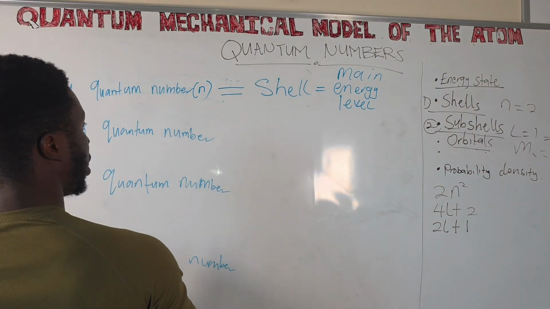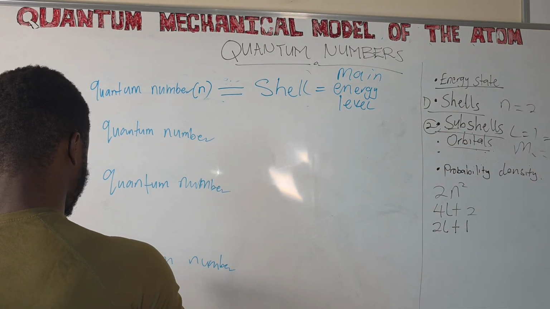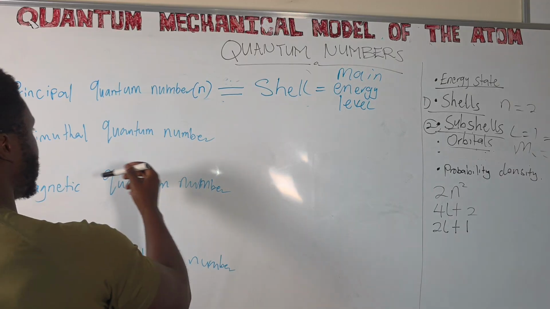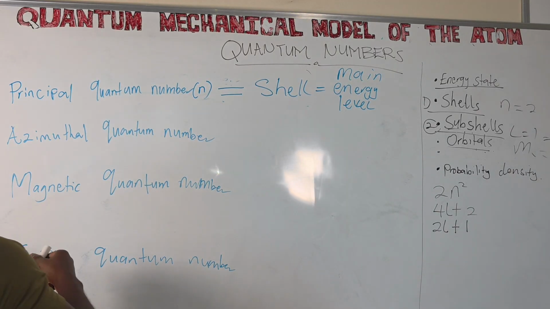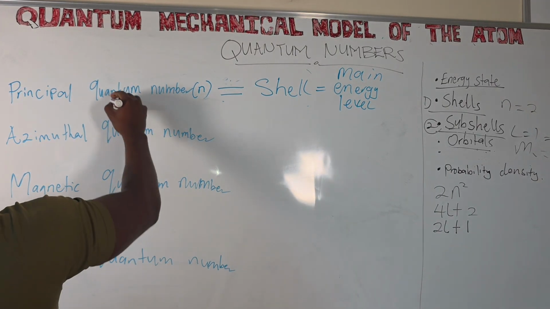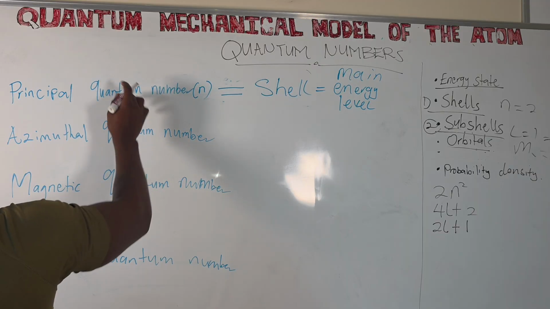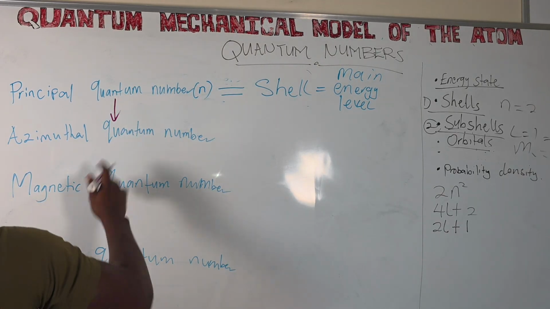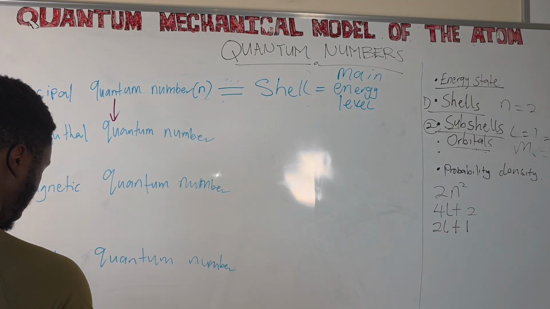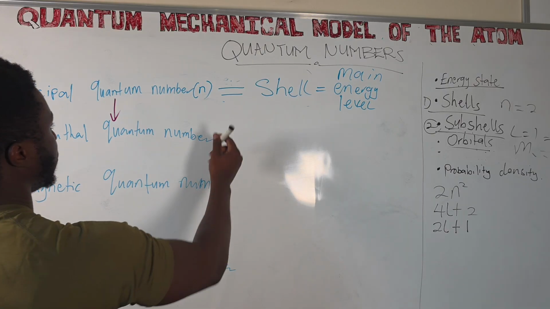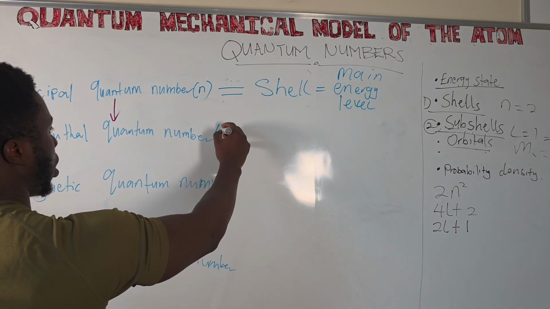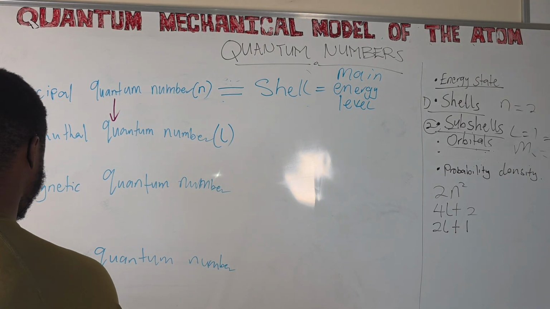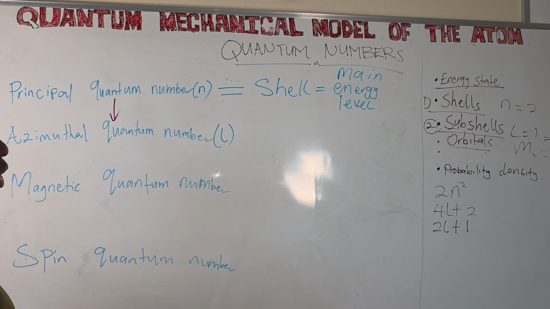The second one is the azimuthal quantum number. So this has to dictate this, right? Inside the principal, we get the azimuthal. The azimuthal quantum number is represented by L, because we also said that it is the same as the angular momentum, and that is an L. And what did we say that was?